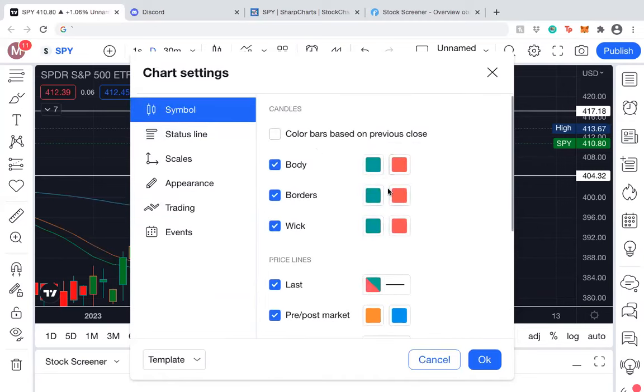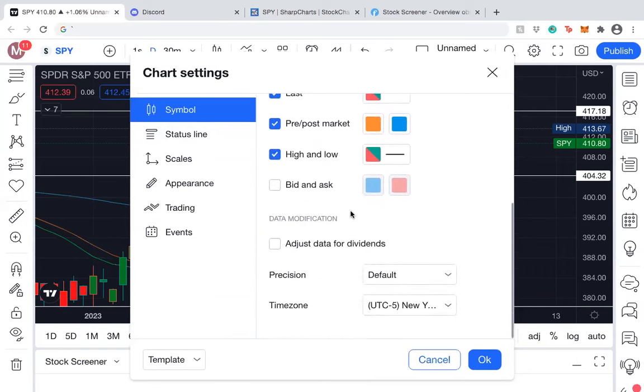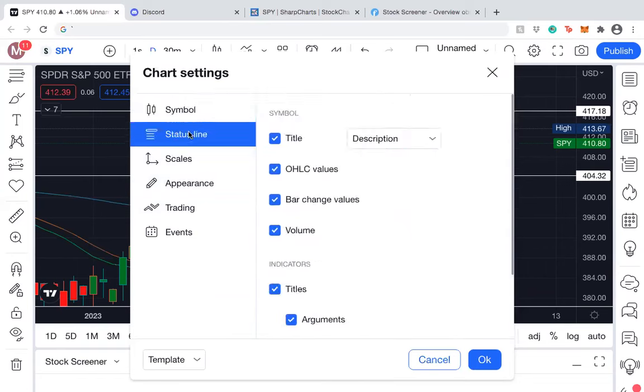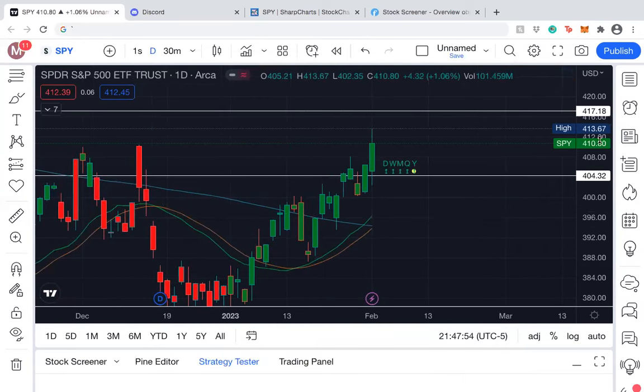You can color code your bars differently, your plot lines, your price lines you can change. All of this stuff you can change for yourself, right? So volume I put on there too, right? And that's where you do it all.